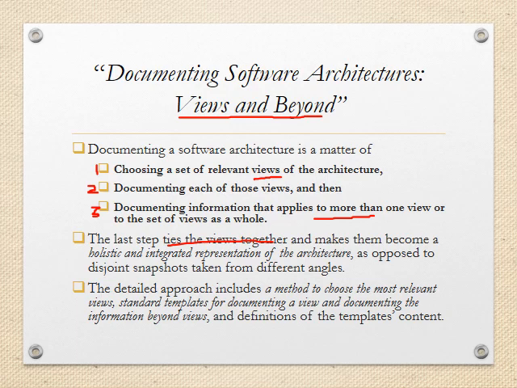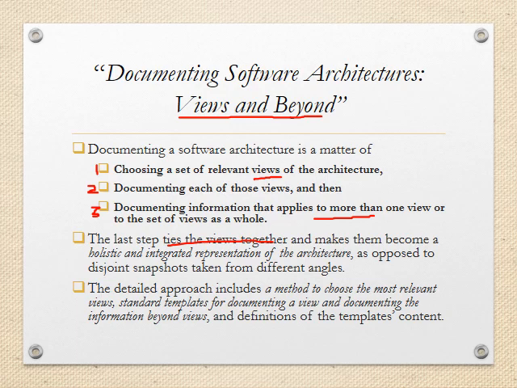What we mean here, with step number 3, is we try to tie all the views or most of the views together so we can take a holistic view or holistic picture about our software, instead of just looking at the views separately or views that are not complete or that don't complete the whole picture for the software.